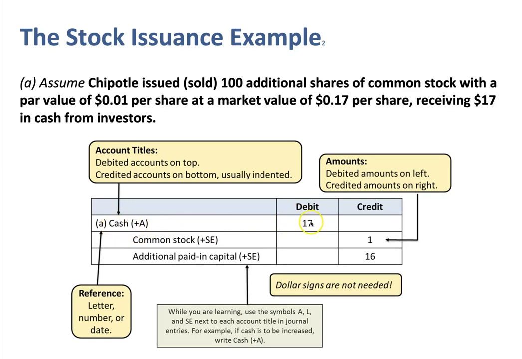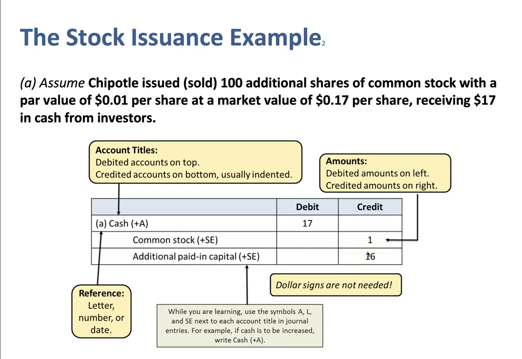So a cash increase of $17 would be recorded as debit cash for $17. Similarly, when common stock and APIC, stockholders' equity, increase, we would use the credit side to record the increase. So 1 and 16 are on the credit side.